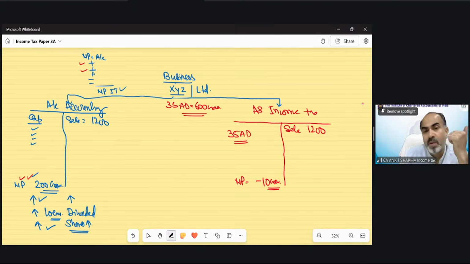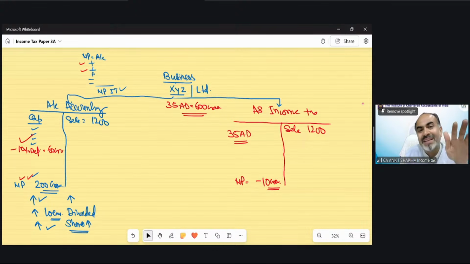And when we talk about the accounting concept, accounting does not have anything like section 35AD. Accounting will provide you only 10% depreciation on this building, which would be only 60 crore. So this 60 crore must have been claimed as expenses, already deducted in this net profit of 200 crore.